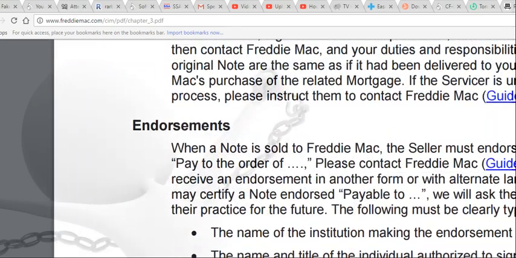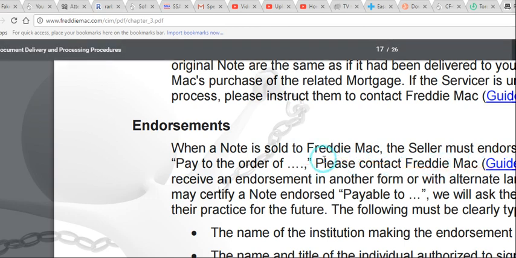Endorsements. You guys have not been endorsing your notes. When a note is sold to Freddie Mac, the seller must endorse the note in blank. Paid to the order of blah, blah, blah. Please contact Freddie Mac for guidelines if you receive an endorsement in another form or with an alternate language. While you may certify the note endorsed payable to, we will ask the seller to change their practice in the future.